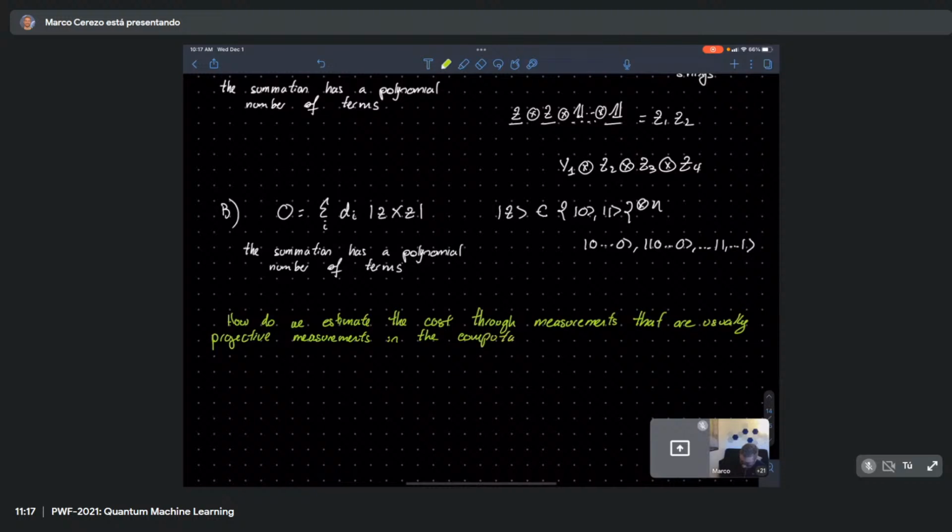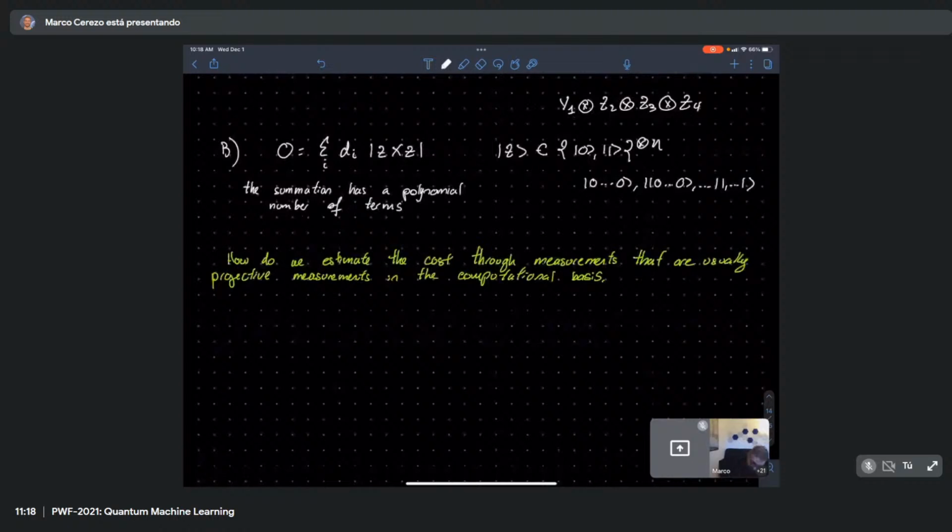Right? Because that's the whole point. We need to have a cost function that we're going to be able to estimate on my quantum computer. And we said that one of the criteria for the cost function is that it can be efficiently estimated. So let's start with B.